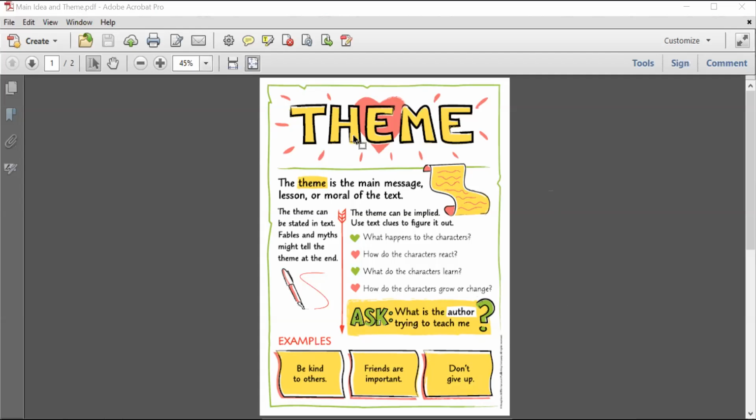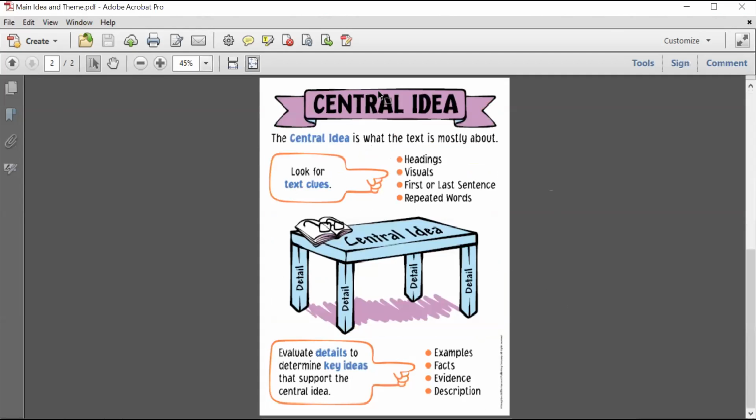Okay, now I'm going to go to the next anchor chart. It is over central idea. Now, the central idea or main idea of a text is what the text is mostly about. It's just a one-sentence summary of the text. The tricky part is figuring out what it is mostly about, okay?